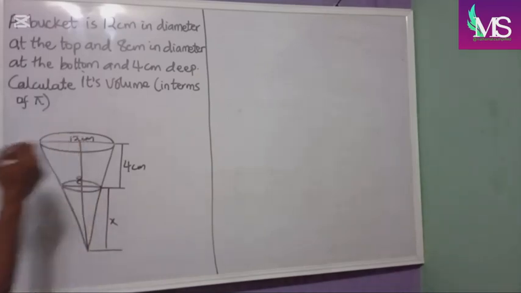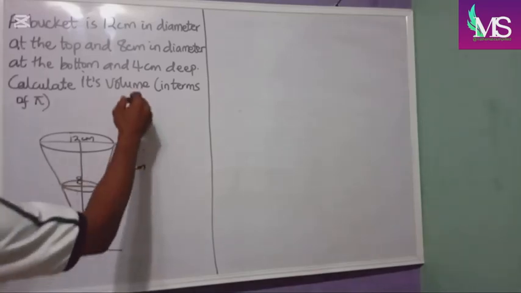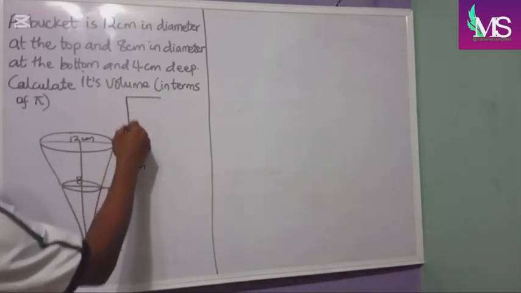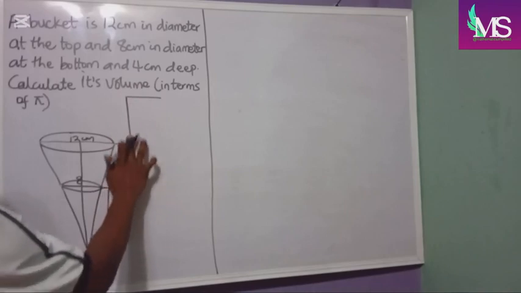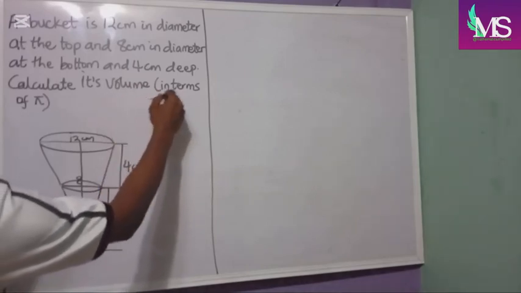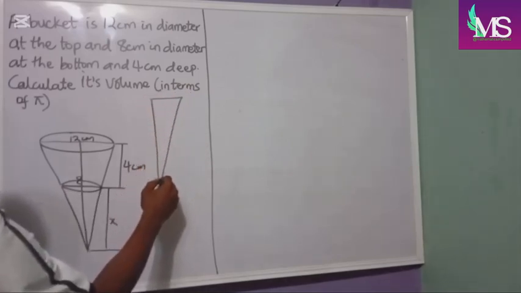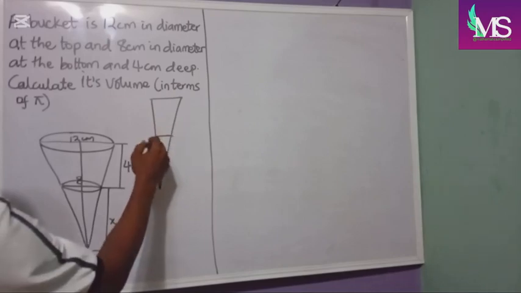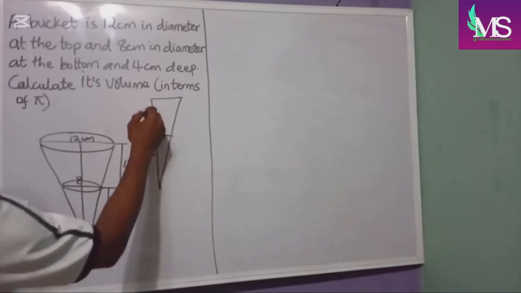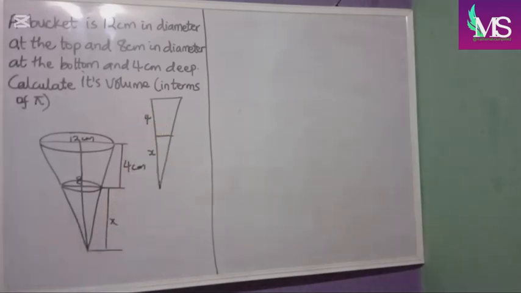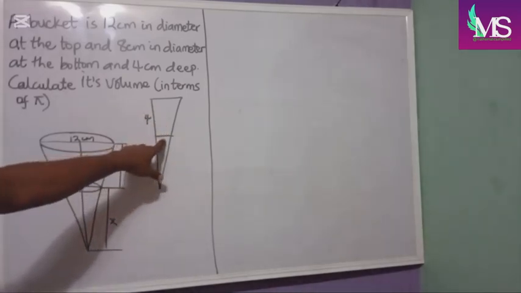Now bringing out our big triangle, where we have our x and our 4. Now the question is, what will this point be?